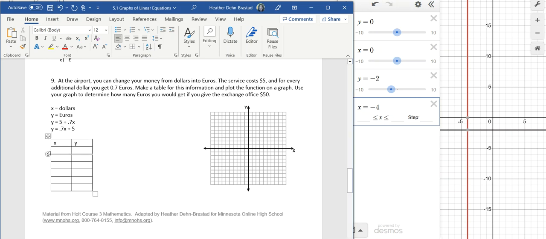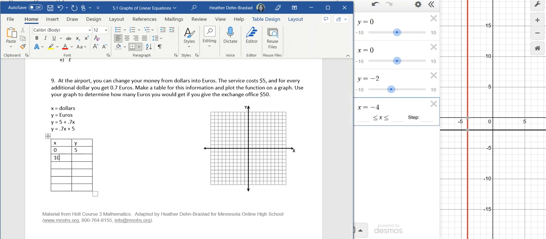So then for the table, zero is kind of an easy one. If we were silly enough to do this for $0, we would still have to spend $5, because 0.7 times 0 is 0 plus 5 is 5.